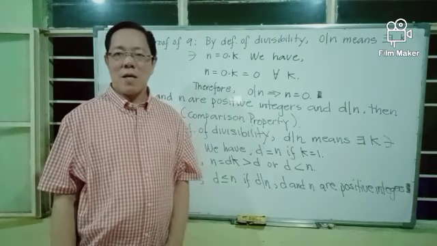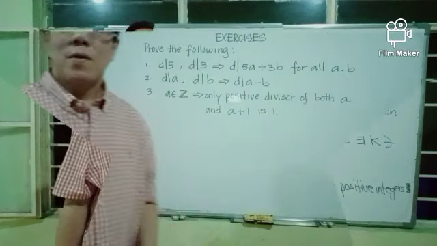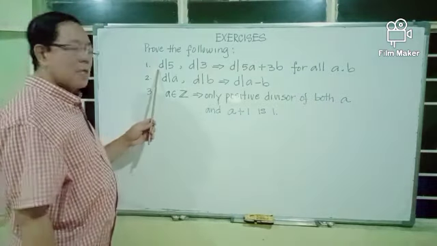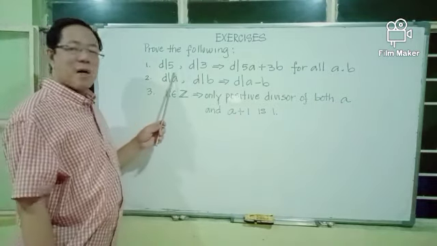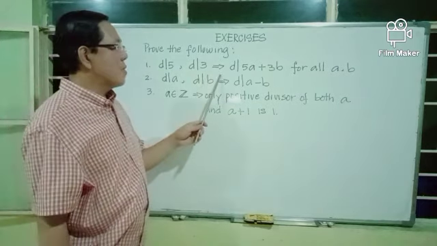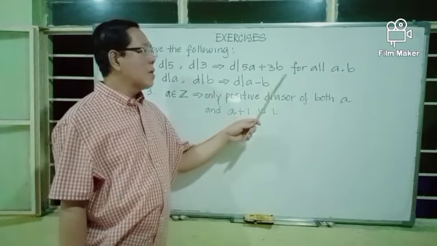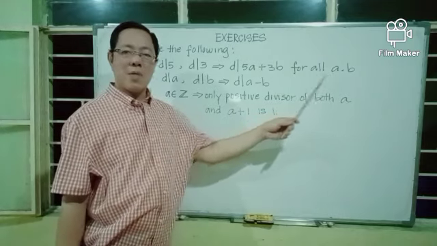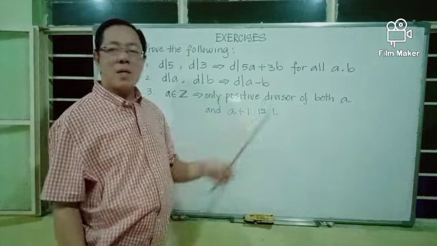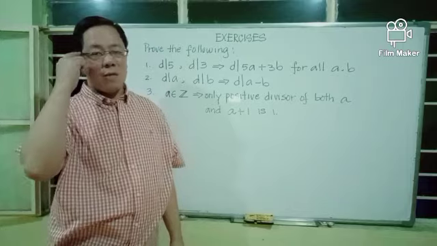For your practice, please try the following exercises. For your first exercise, you are given that d divides 5 and d divides 3, and you must show that d divides 5a plus 3b for all integers a and b. As we said earlier, 5a plus 3b represents a linear combination of 5 and 3.